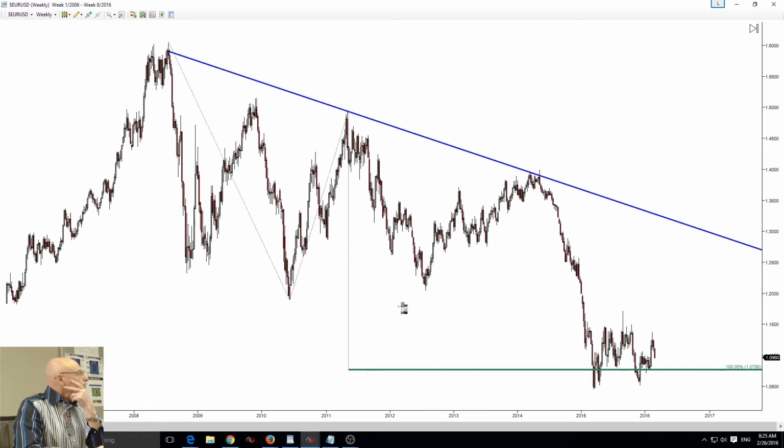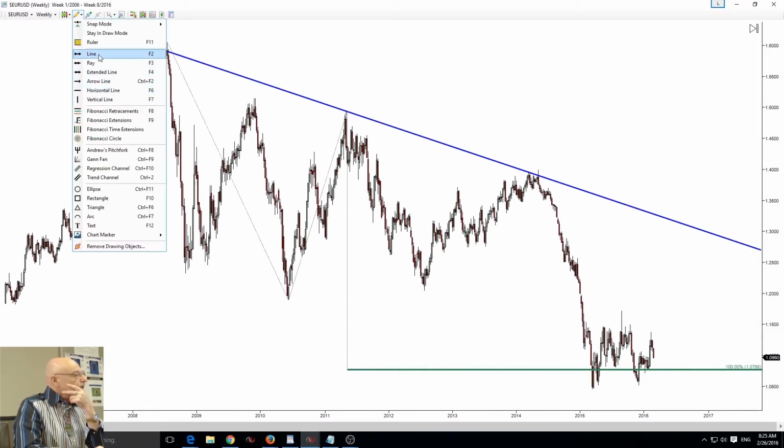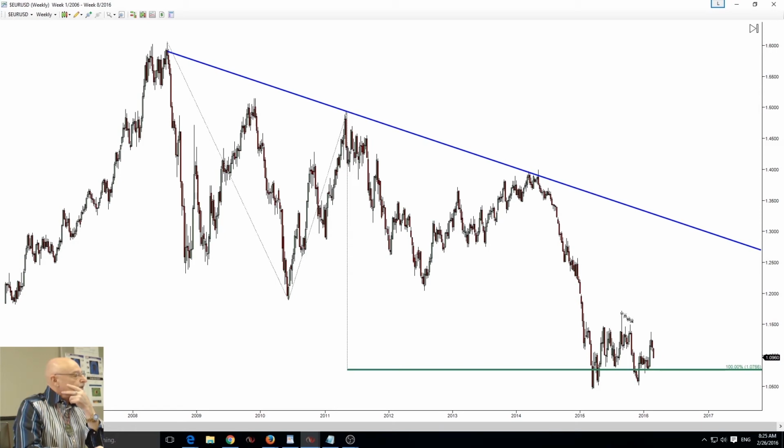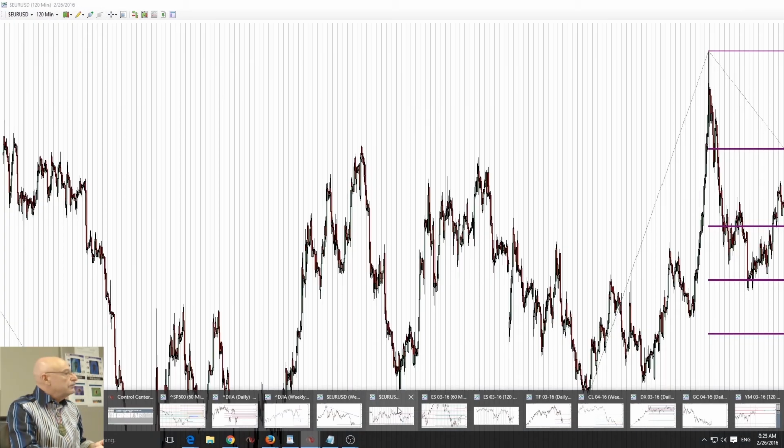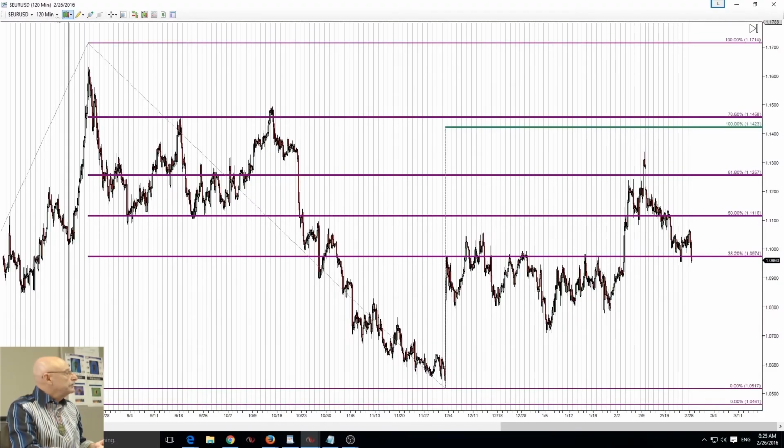Now on a weekly chart, only if we're going to take out that high, then we're going to change our bearish view to somehow bullish. But again, it's a long way to go. Okay, let's make smaller time frame. Okay, 120 minutes here.